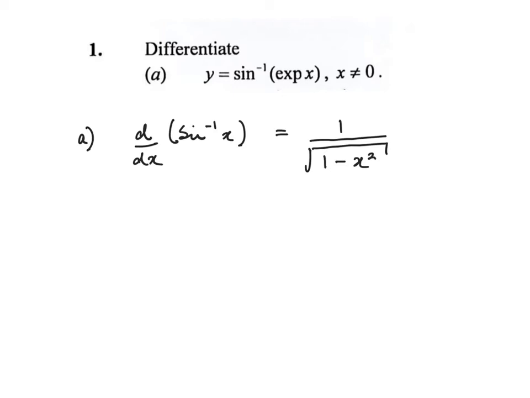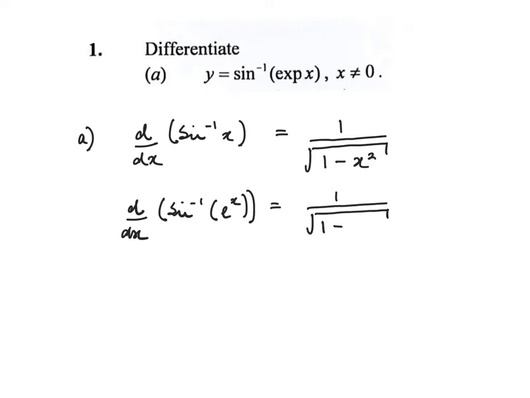So if we want to differentiate sine to the minus 1 of e to the x, that's how we normally write e to the x, we're going to have 1 over the root of 1 minus e to the x squared, multiplied by the derivative of e to the x, which is e to the x.